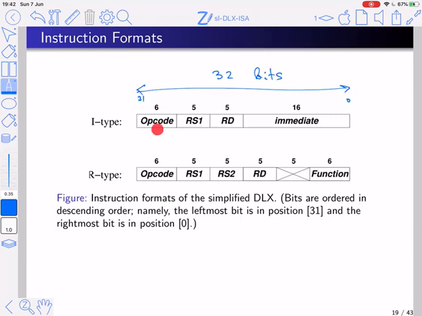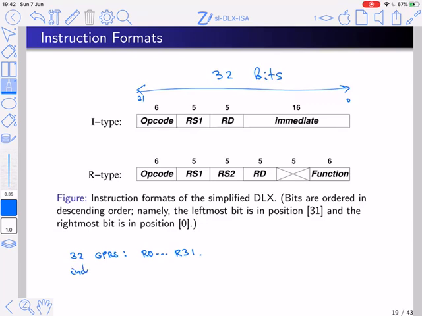We'll talk about the type of instructions that you have in I-type. The next 5 bits are devoted to storing an index of a GPR. So we know that there are 32 GPRs, R0 to R31.